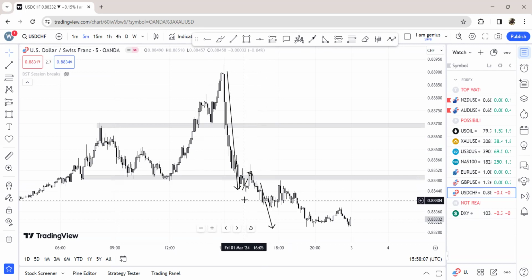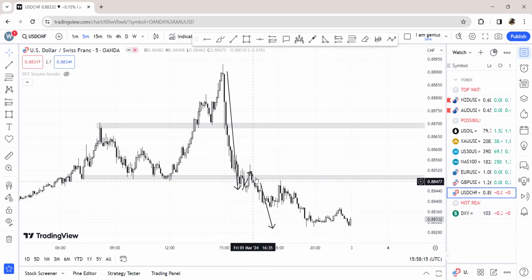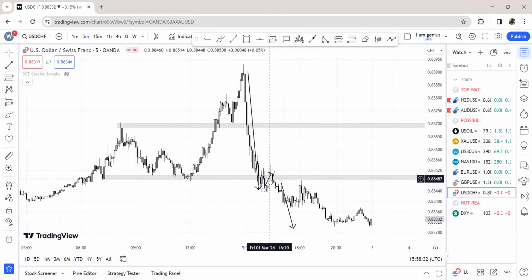Confirmations are just what gives you confidence in your trade or your bias. So for me, the DXY here has given me confirmation. Hence, I'll just wait for a candlestick pattern that shows me bearish momentum from this level. I can see there was a weak rejection. Now let me just remove that arrow.